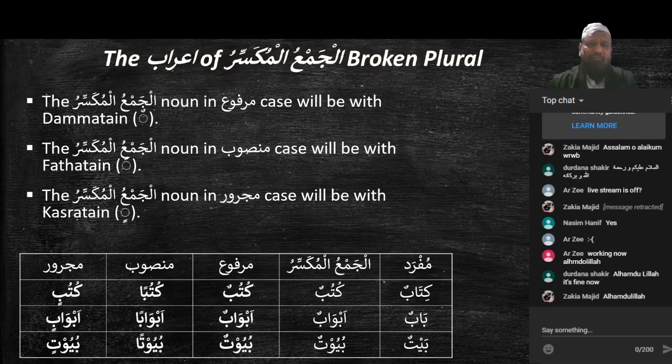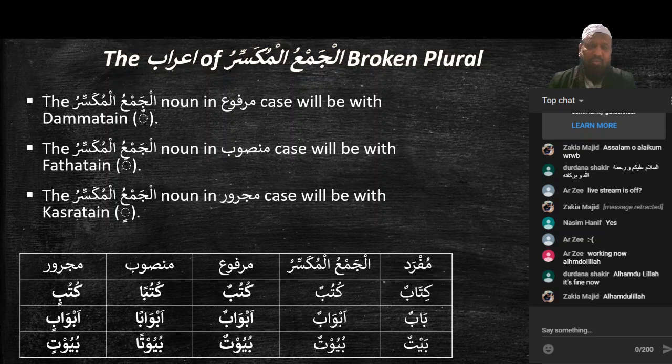The I'rab of al-Jam' al-Mukassar. The al-Jam' al-Mukassar noun in marfu case will be with dammatayn. In mansub case it will be with fathatayn. In majroor case it will be with kasratayn.